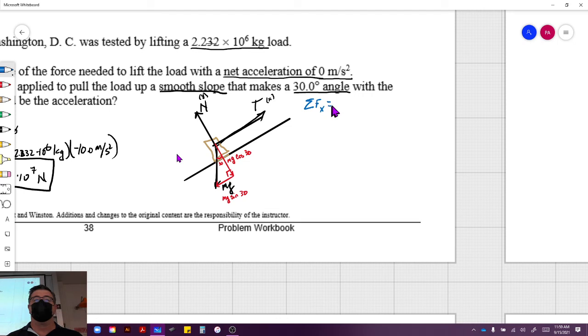We have tension plus this guy down here, mg sine 30. And then we have the other one, which is the sum of the forces in the y direction, which is our normal force plus mg cosine 30 degrees.